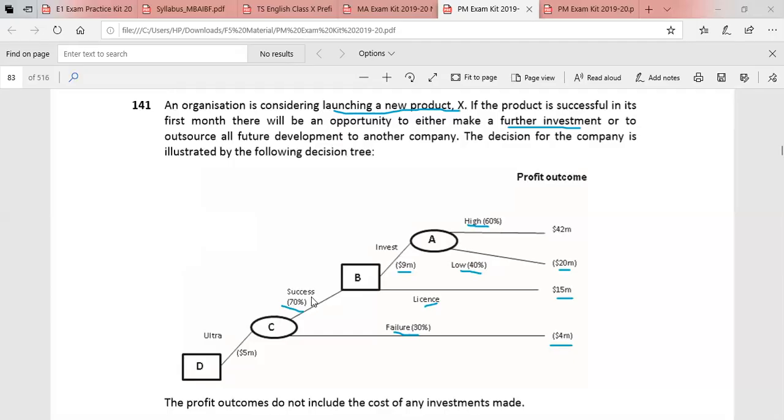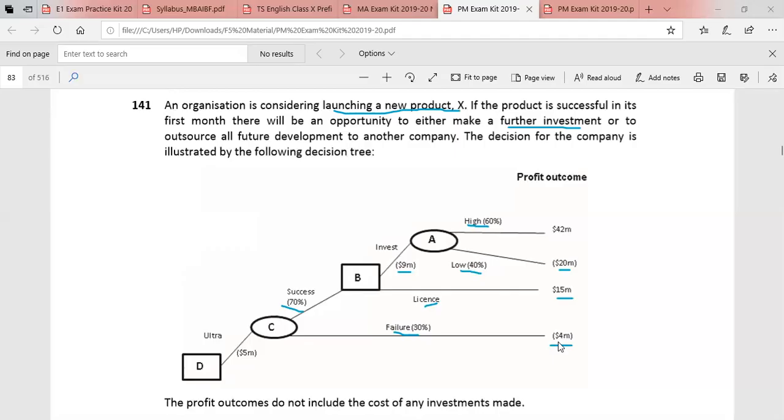If it is successful, then it gives opportunities to invest further. The investment will cost them 9 million. Do you see that here on the screen? If the product which is launched is unsuccessful, the cash flow is given, which is -4: it will incur a loss of 4 million.